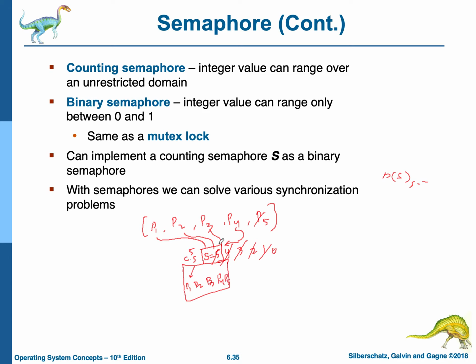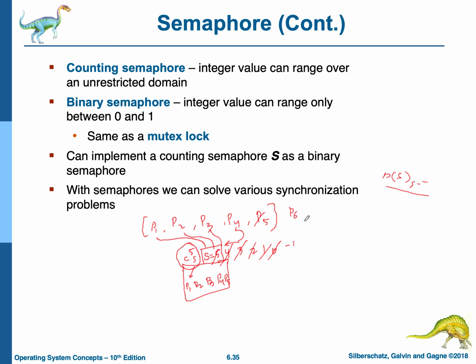Now the game starts here. The capacity of the critical section is 5 and it is already full. Now suppose P6 arrives, then what will happen? Then again this P of S will execute here, and this 0 will be decremented to -1.